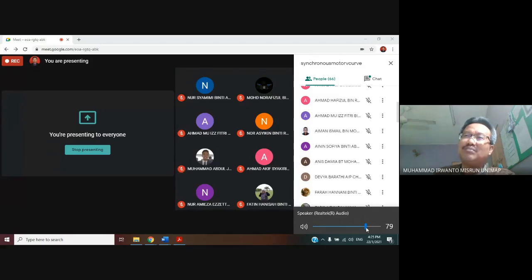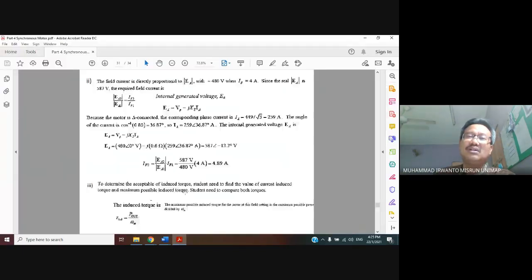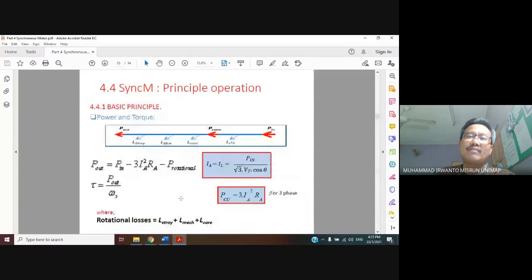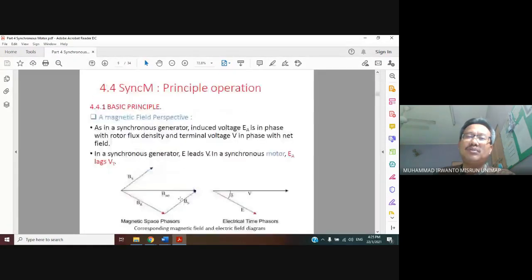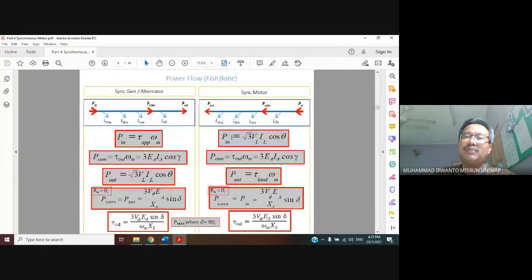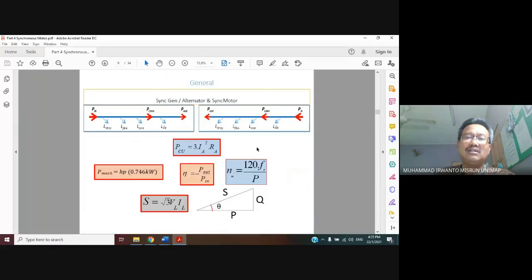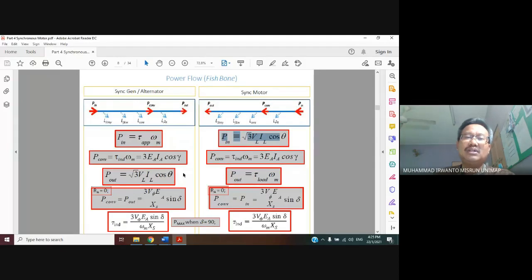Yang untuk input power untuk motor sama dengan output power untuk generator.